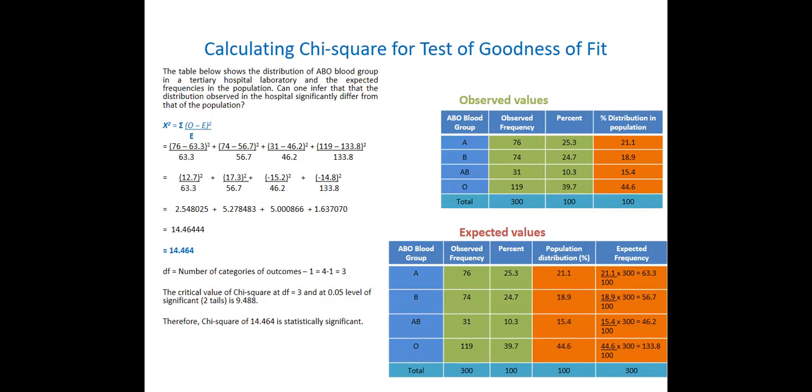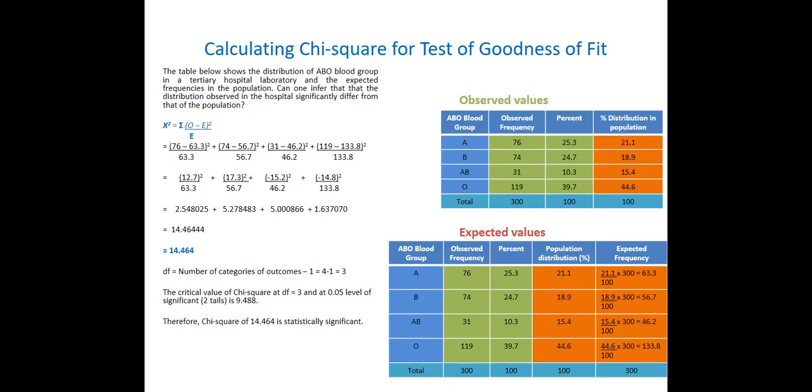The population is the one they put in the orange color. 21.1% for A, 80.9 for B, AB 50.4, O 44.6. That is what they gave in the population, the percentages from a previous study that has been done.